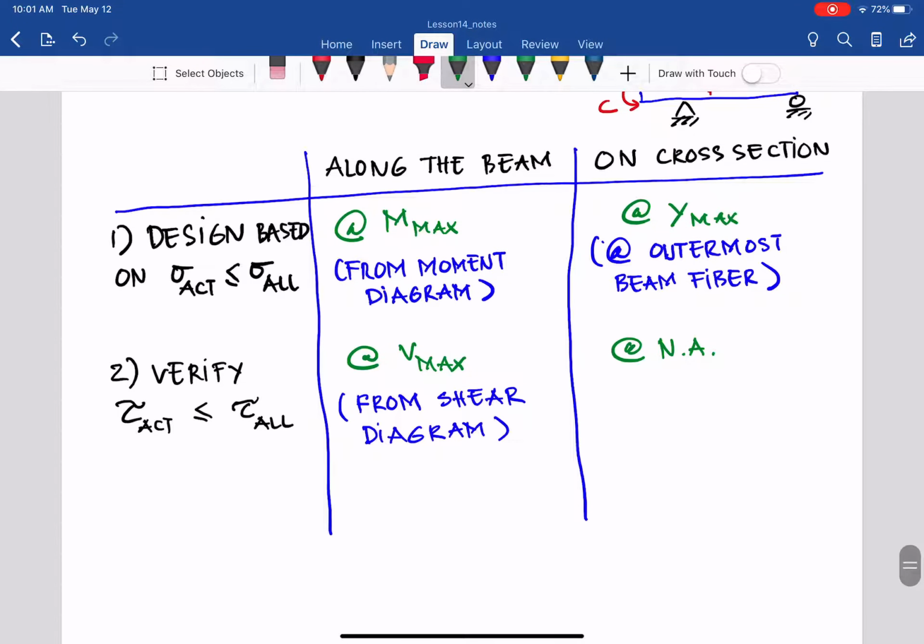And then the last step, after you have all of that, is number 3: apply the maximum shear stress theory.